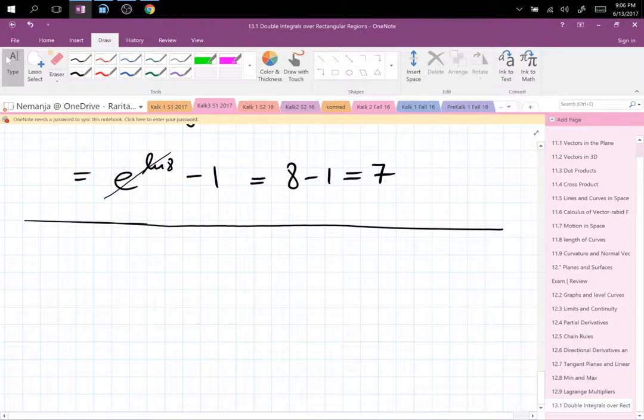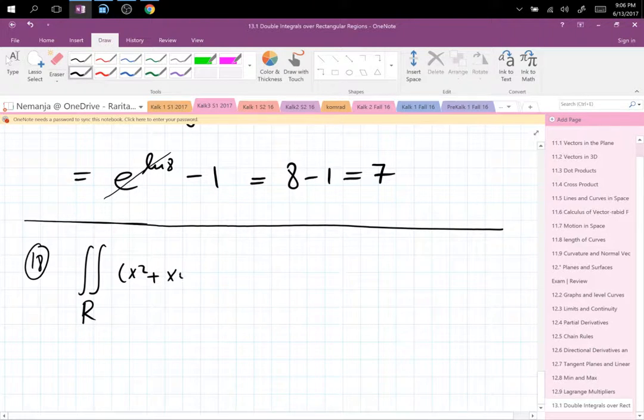All right. The next order of business is for you to set up the problem. This is problem 18 in the textbook. They just give you all of the information, and they just ask you to set up the limits and compute.